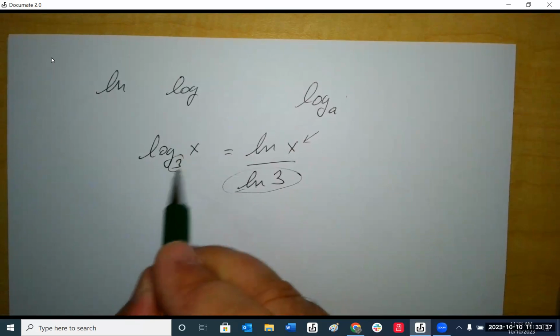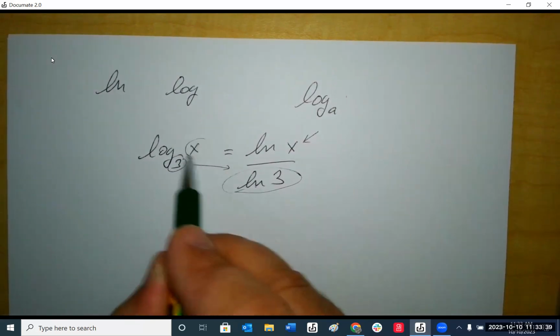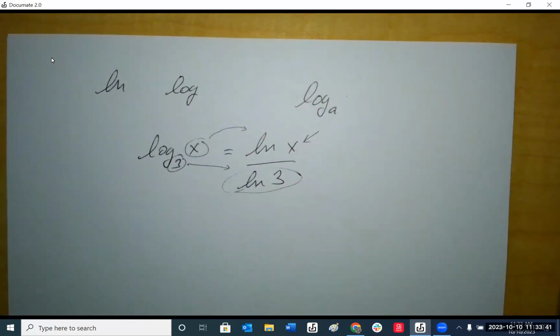So whatever your base is goes on the bottom, whatever your function is goes up on top. That's the change of base formula.